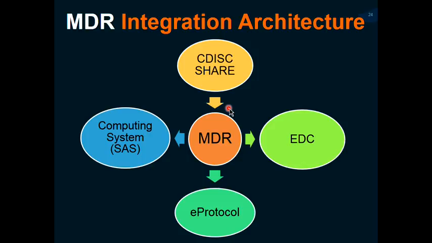CDShare also has pilot REST API projects, so it will probably be available sometime soon. Using that global metadata, MDR could create study-level metadata and feed it to other systems, such as SAS, eProtocol, and EDC, so that those systems could create clinical trial artifacts, such as STTM, ADaM, and TFL.